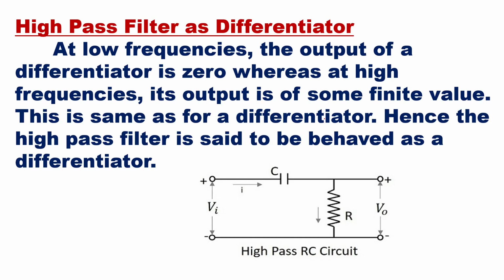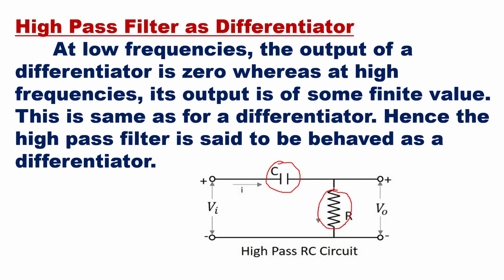So here, high pass filter as a differentiator. At low frequencies, the output of a differentiator is zero, whereas at high frequencies, its output is of some finite value. This is the same as for a differentiator. Hence, the high pass filter is said to behave as a differentiator. So in a high pass filter or differentiator, we see a capacitor in series with the output, and a resistance or inductance in parallel with the output.